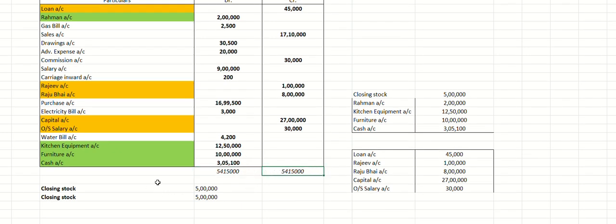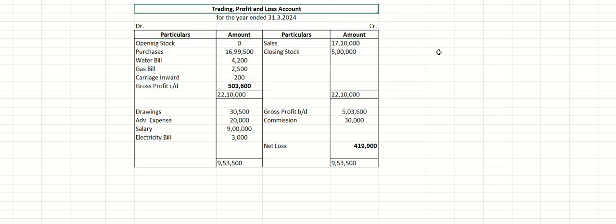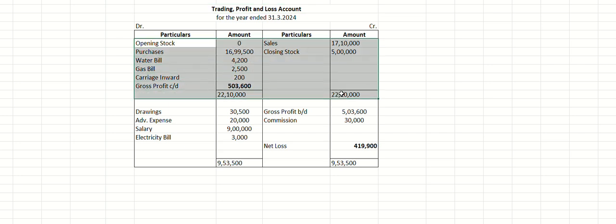From the trial balance, we will prepare two things. First, the profit and loss account to find whether the business made a profit or loss. Remember, in the profit and loss account there are two parts. The initial part is known as the trading account, so we call it the trading profit and loss account. The trading part only takes the direct income and direct expenses of the business. The only direct income of the business is sales. Direct expenses include opening stock, purchases, and bills related to the main process. All other expenses are indirect expenses, taken in the next part.